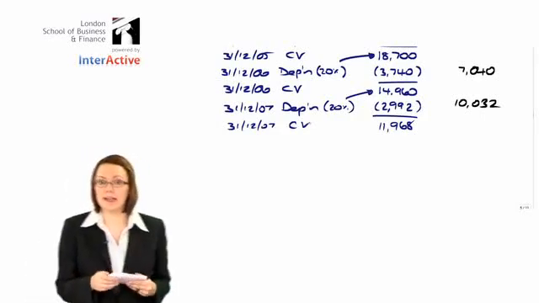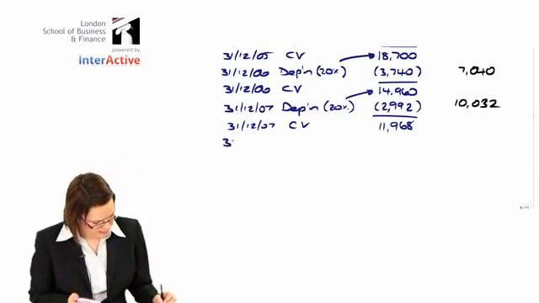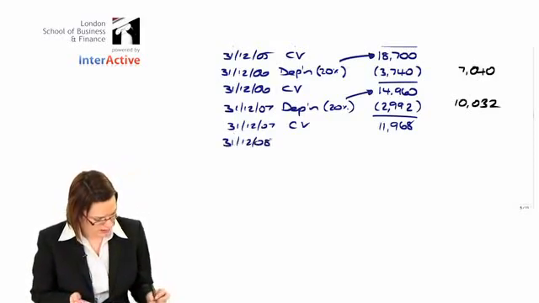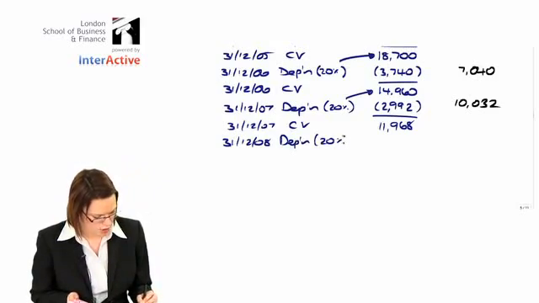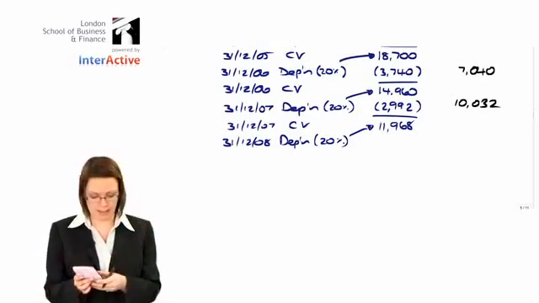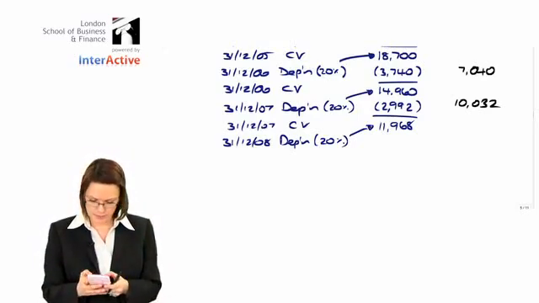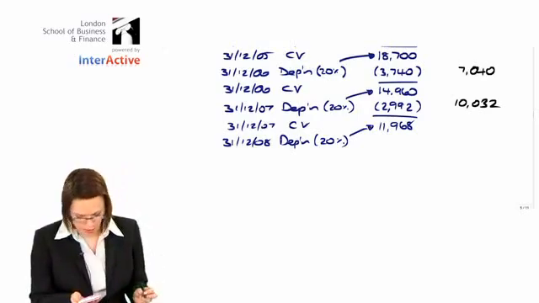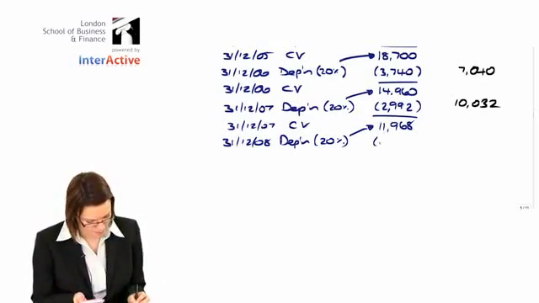Do 2008 then. Same sort of thing again. At the year end, December 08, depreciation at 20% of the carrying value because it's reducing balance is going to give us 2,394 for a rounding.